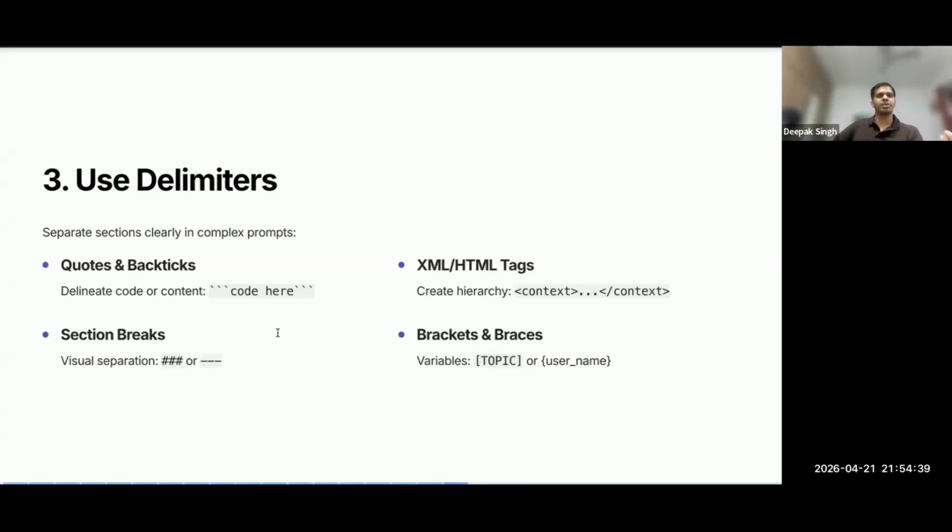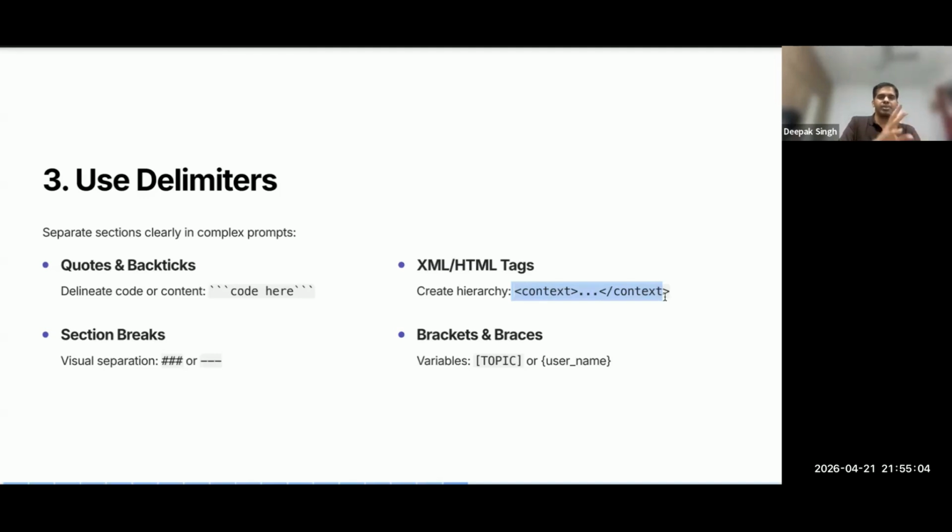When you are pasting a PRD, you put it within delimiters, or you do some visual separation like section breaks, or best, use tags. Tags are extremely easy to use and extremely useful. You can just use tags everywhere and you'll be able to give really, really good, large instructions to the LLMs, right?